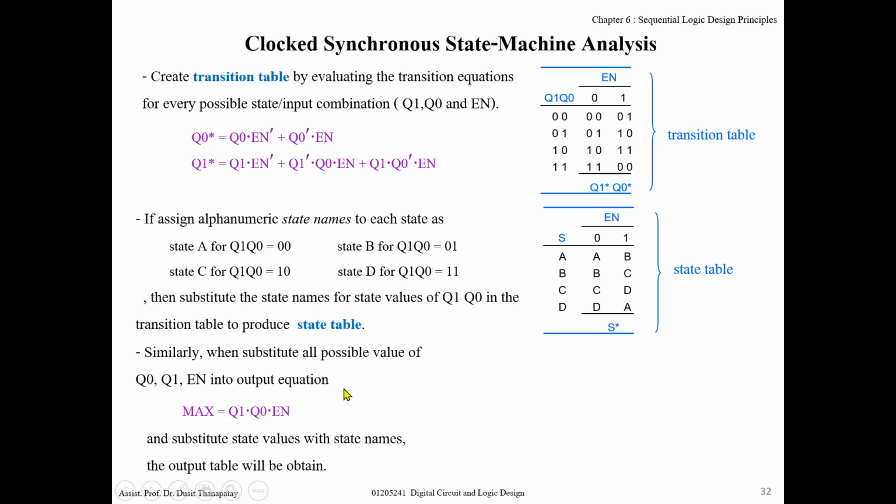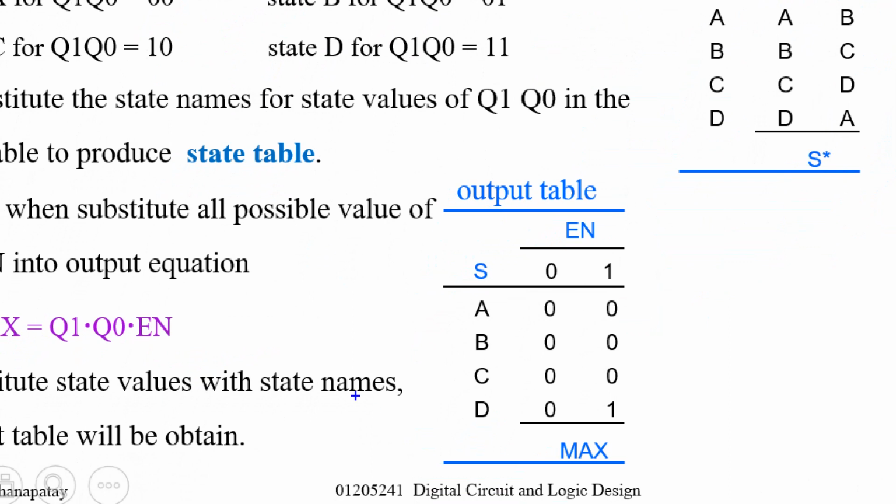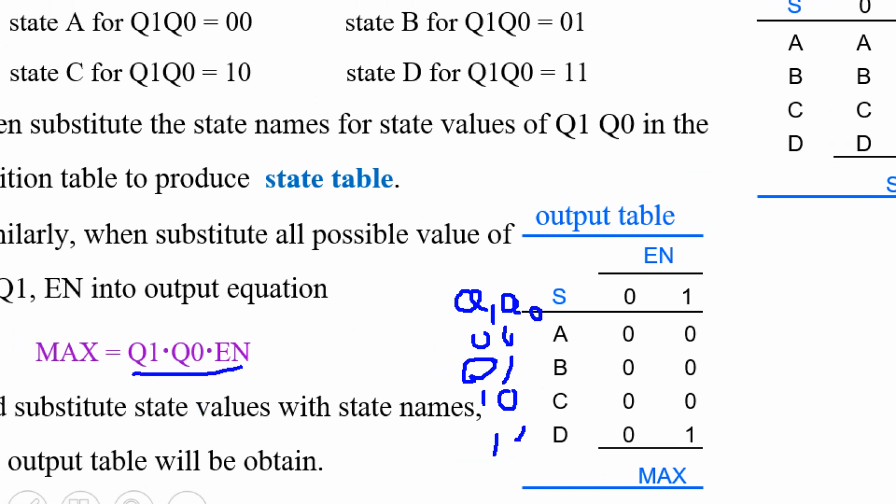And one more table is the output table. Actually, it is from Q1, Q0 being 00, 01, 10, and 11. From this output equation, the output will be 1 when En is 1 and Q1, Q0 is 11, so 1 here.